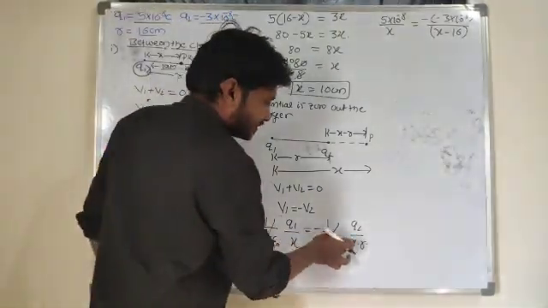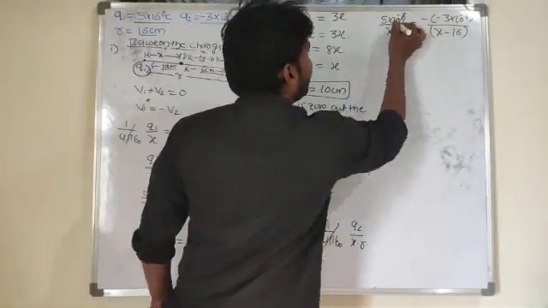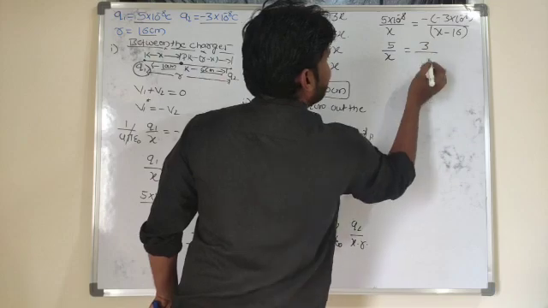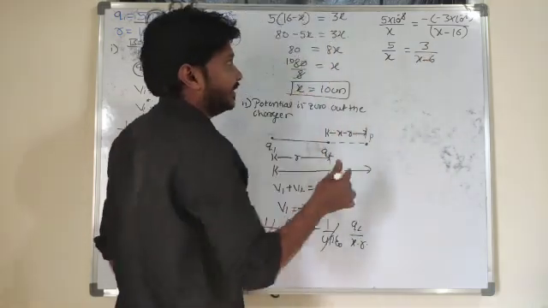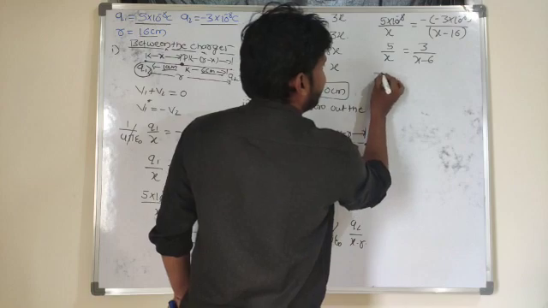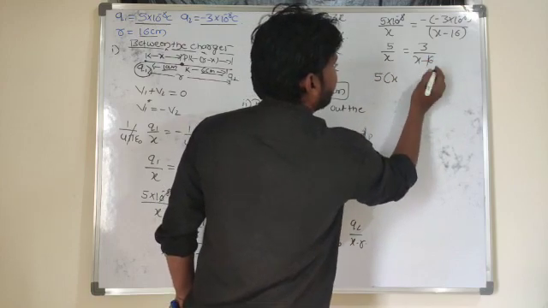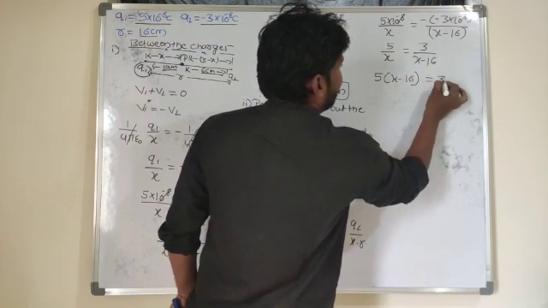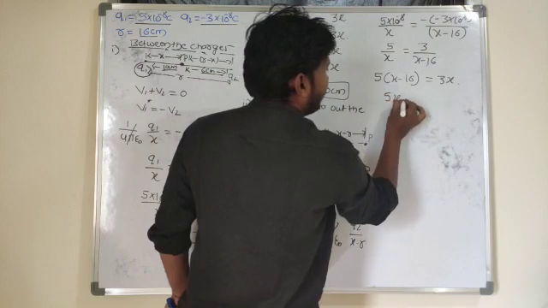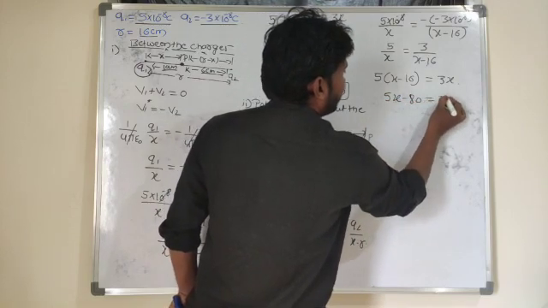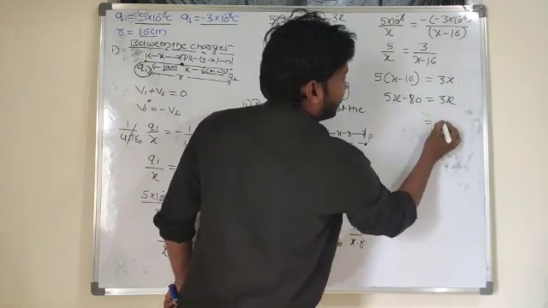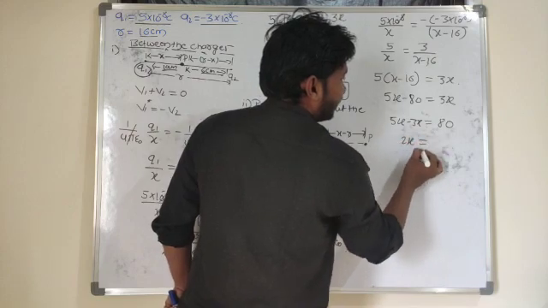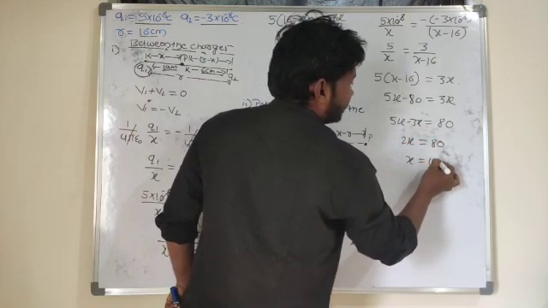The 10 to the power of minus 8 term will cancel out, so 5 by x equals 3 by x minus 16. Cross multiplying, 5 into x minus 16 is equal to 3x, 5x minus 80 equals 3x, so 5x minus 3x is 2x, 2x is equal to 80, x is equal to 40 centimeters.